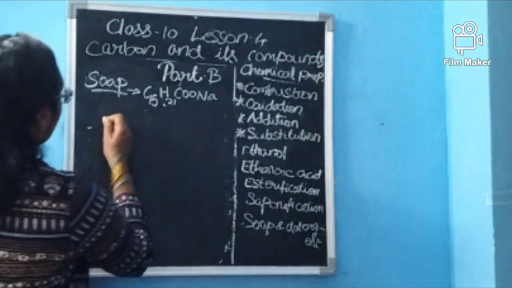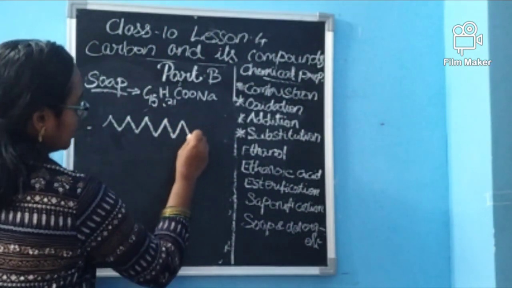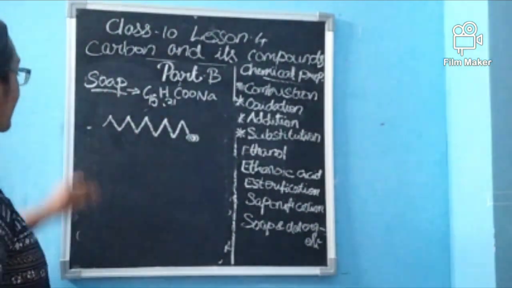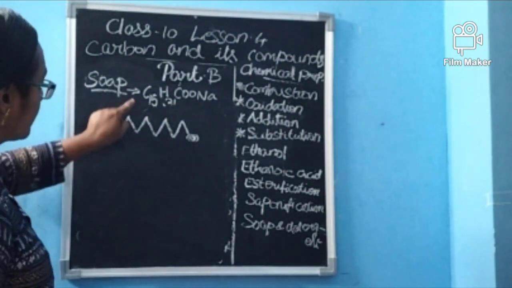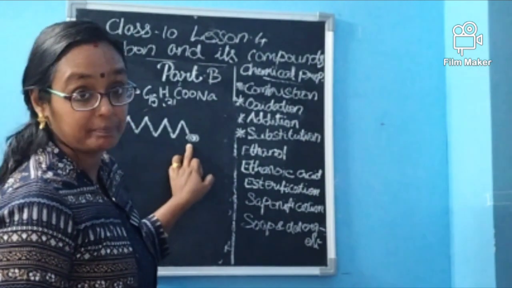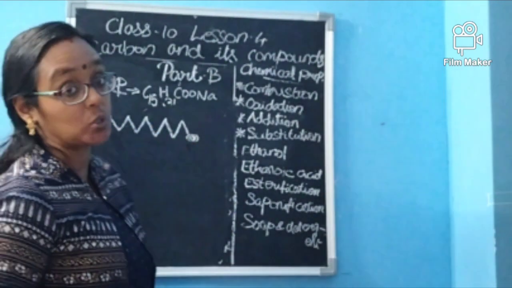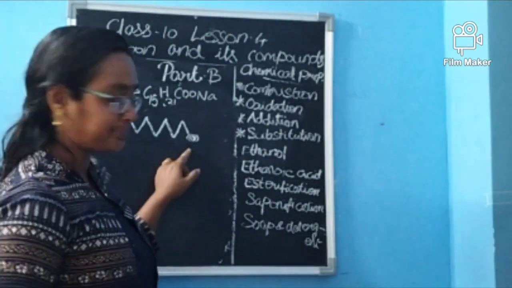So it will be in the form of this. There is a carbon chain, this much long, and at the end Na, sodium. So this is the structure of soap.